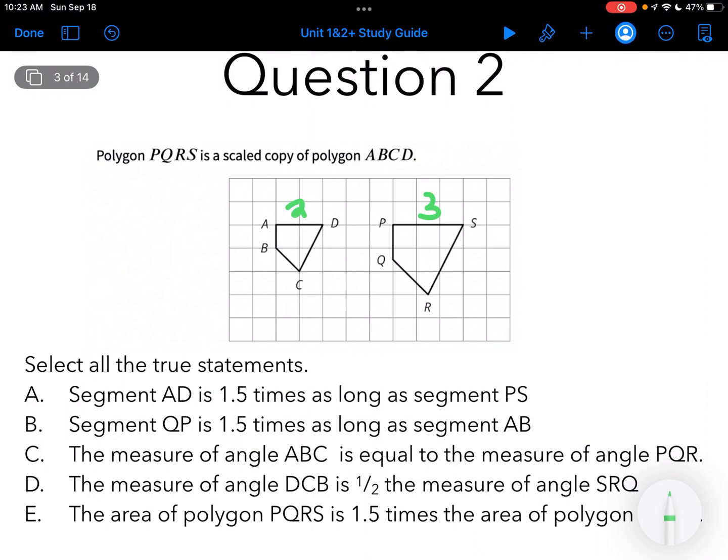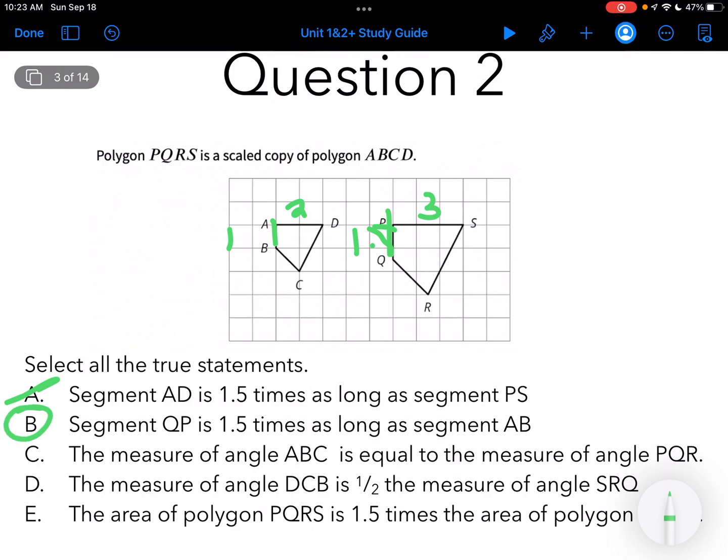Well, AD is shorter, so that's not true. Segment QP is 1.5 times as long as AB. Well, that is true because AB is 1 and QP is 1.5. So QP is 1.5 times as long as AB.